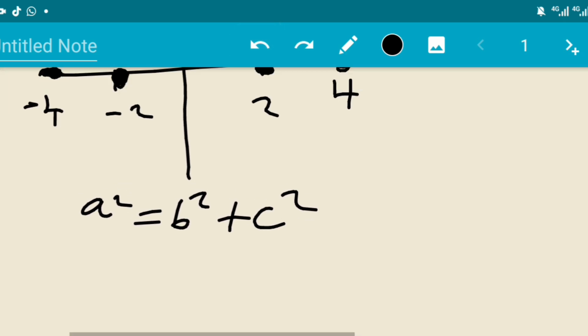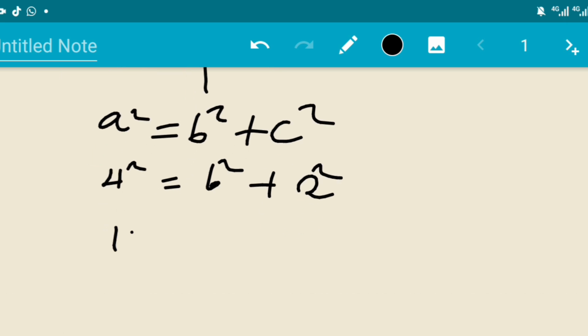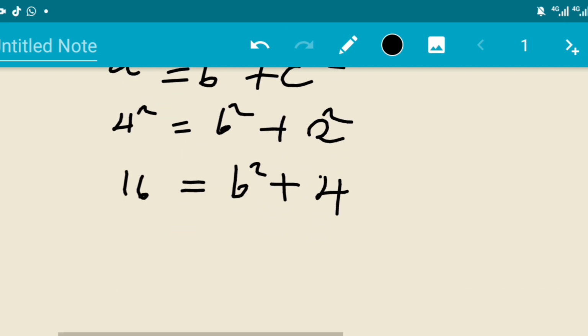So what is our A? That's 4 squared is equal to B squared, which is what we don't know, plus C, which is 2 squared. So this here will be 16, equal to B squared plus 2 squared, which is 4. So B squared is equal to 16 minus 4.